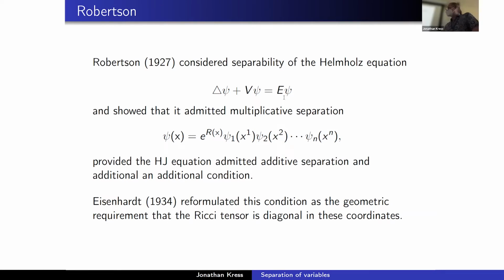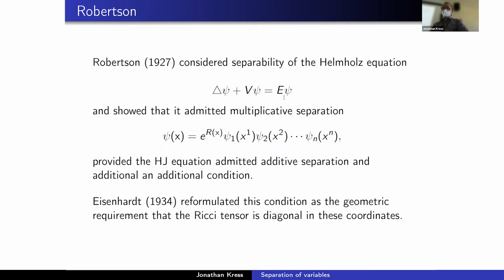And you can show that if you have orthogonal separation of variables for the Hamilton-Jacobi equation, then you also do for the Helmholtz equation. The separation for the Hamilton-Jacobi equation is additive, and for the Helmholtz equation, it's multiplicative.